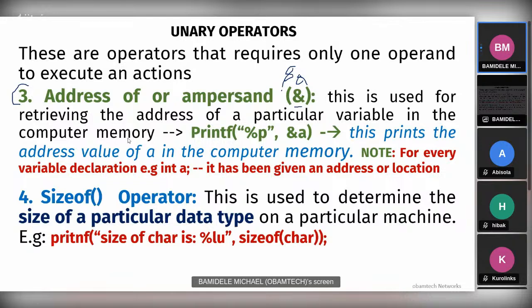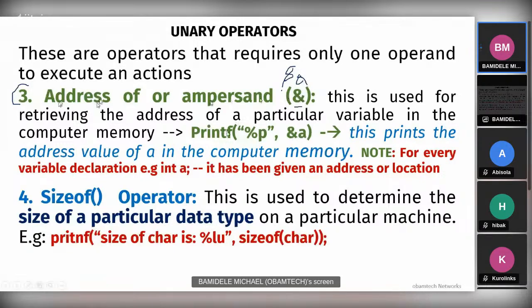So that is one of the things about C. As a result, there is an operator used to get the address of a particular variable in memory, and that operator is called the ampersand operator, or the address of operator.